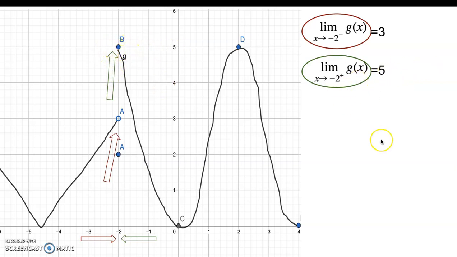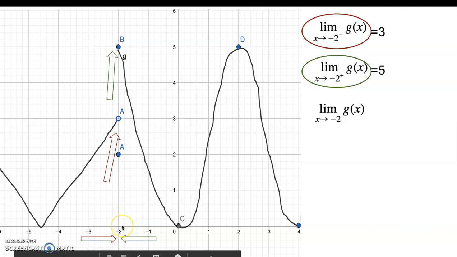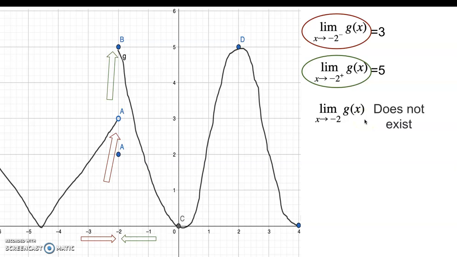So we're going to write down 5. And now once again, to determine the limit of g of x as x approaches negative 2, we have to make sure that these two limits equal each other, and then we will be able to write down an answer here. However, these two limits do not equal each other, which means that the limit of g of x as x approaches negative 2 does not exist.